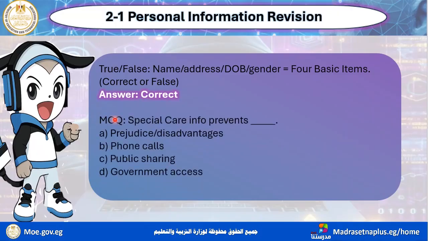Well, MCQ question. So, special care info prevents prejudice and disadvantages, phone calls, public sharing, government access. Well, of course, they prevent prejudice and disadvantages.